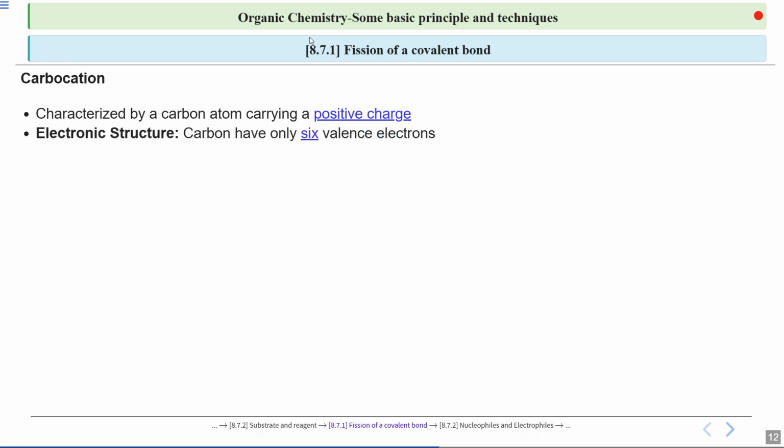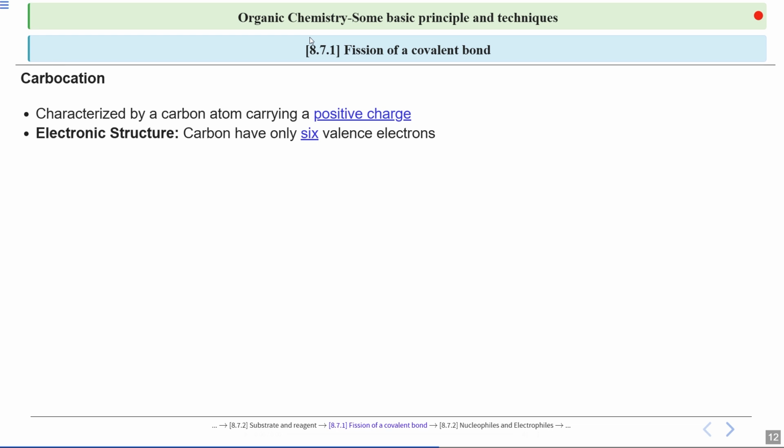And it will have only 6 valence electrons. Yes, there will be electrons, but those electrons will be a part of another atom. If I talk about carbon specifically, its own electrons will be reduced to 6.